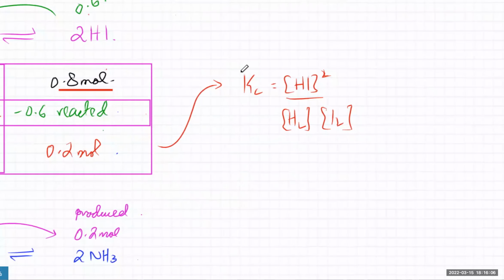If Kc has no units, I mean, no units means that the number of terms in the numerator and denominator are the same, so you're allowed to use moles instead of calculating the concentration. Why? Because the volume part will get cancelled out.